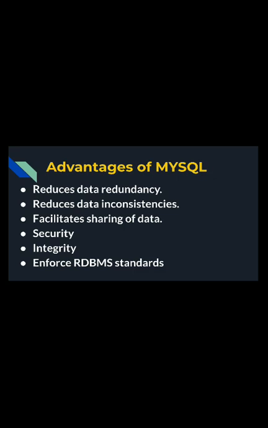Reduces data inconsistencies. Inconsistent data means the data that is unreliable, right? For example, a child's data is present at 5 different locations, and if some modification is done at one location and at the other locations the modification is not done, this means the data of that child is inconsistent right now.